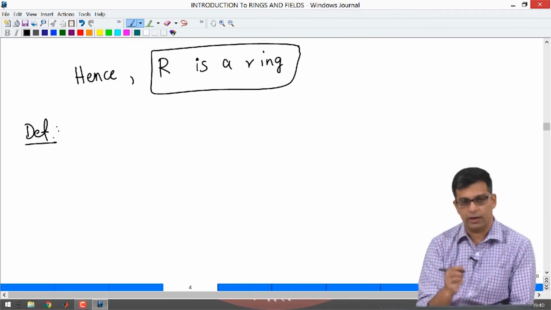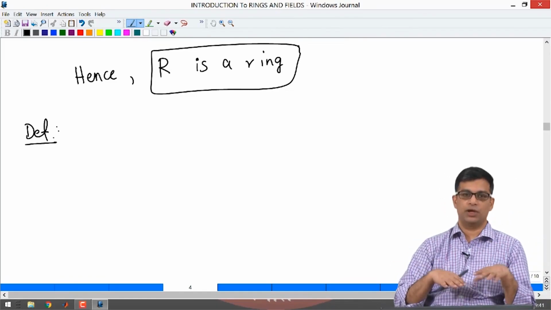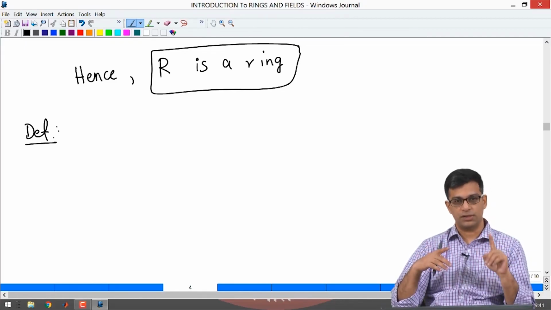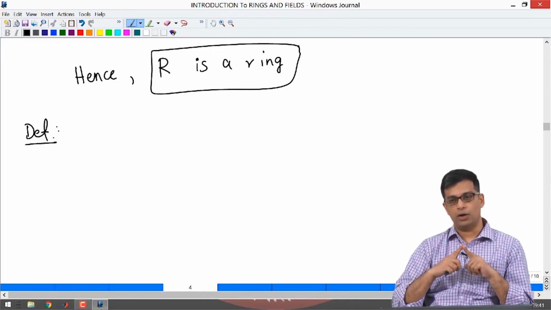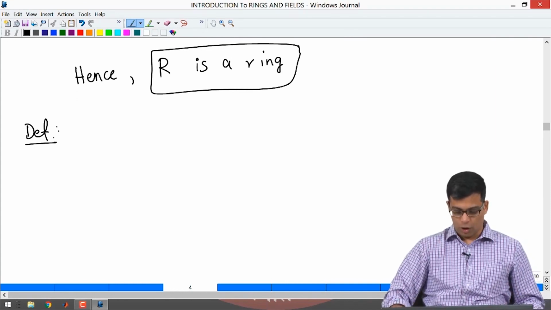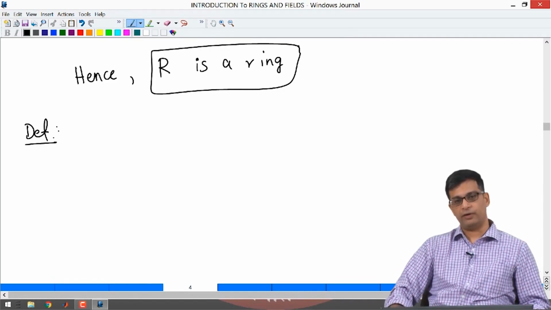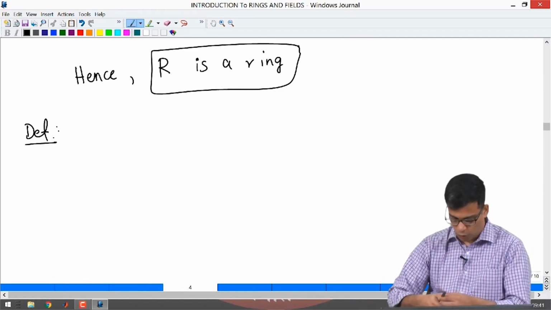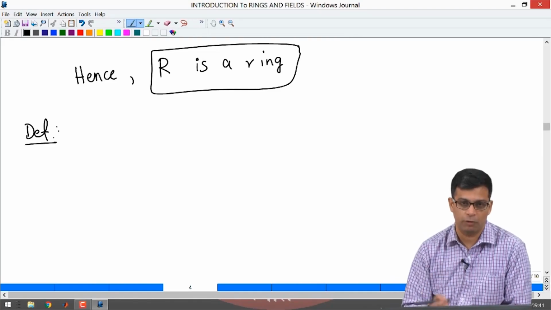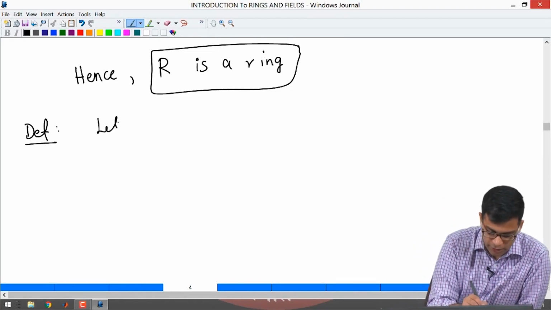So, note that in a ring, multiplication is not a group operation. It is not a group operation because it is allowed to not satisfy one group axiom, namely that not every element is required to have a multiplicative inverse. But sometimes some elements do have multiplicative inverses. So, we want to give a special name to them. So, let R be a ring.